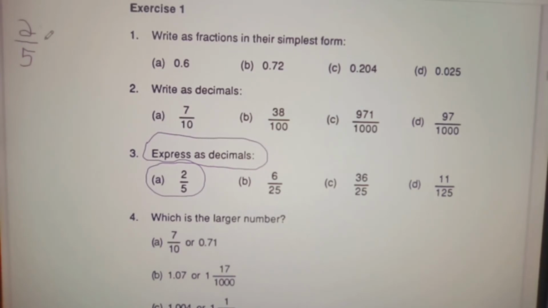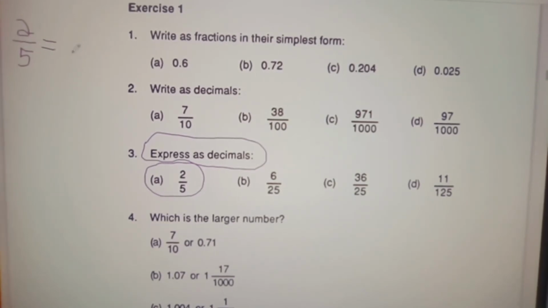Equals, let's open a bracket, okay? So the numerator goes inside the bracket, the denominator goes outside the bracket, okay?